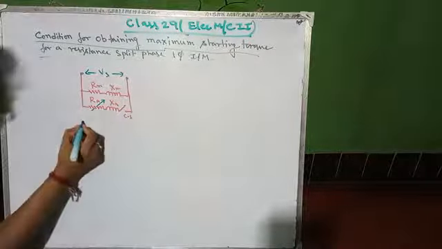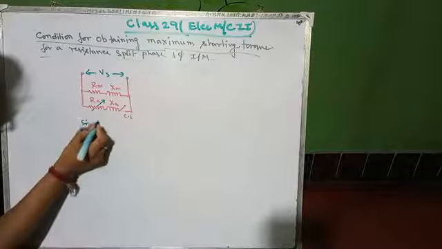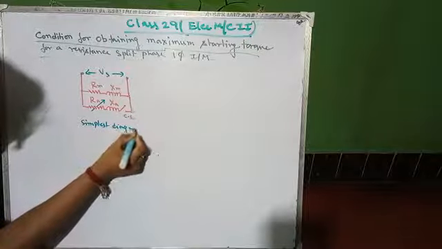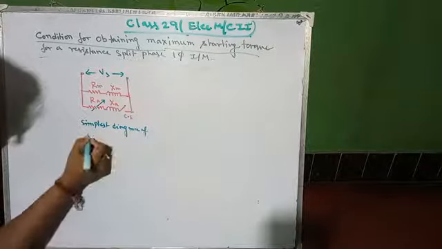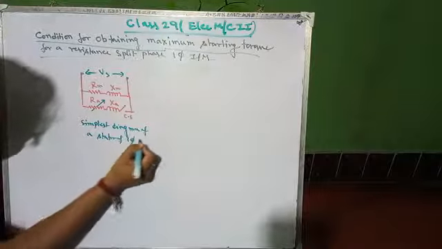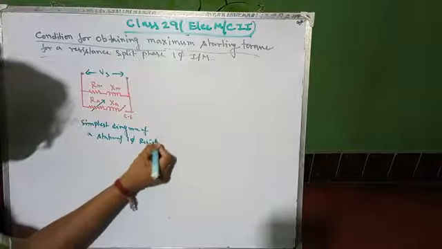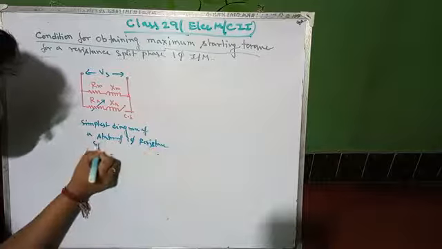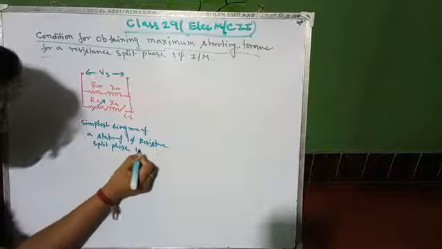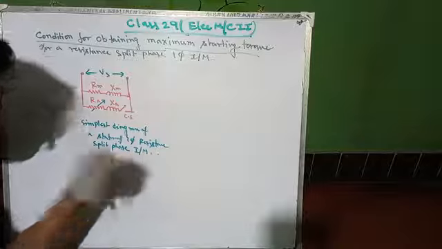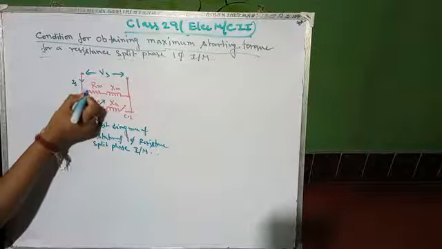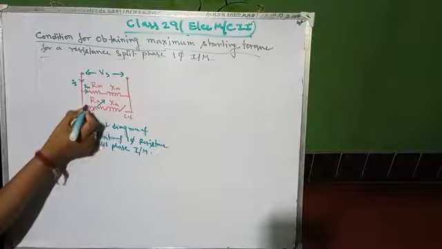So this is the simplest diagram of the stator portion of a single phase resistance split phase induction motor. This current is IS, this current is IM, this is your IA.